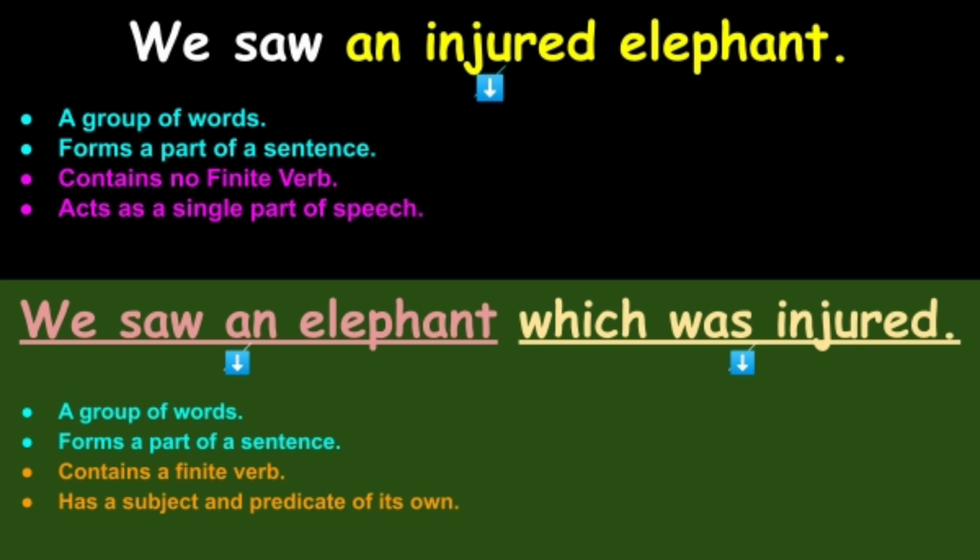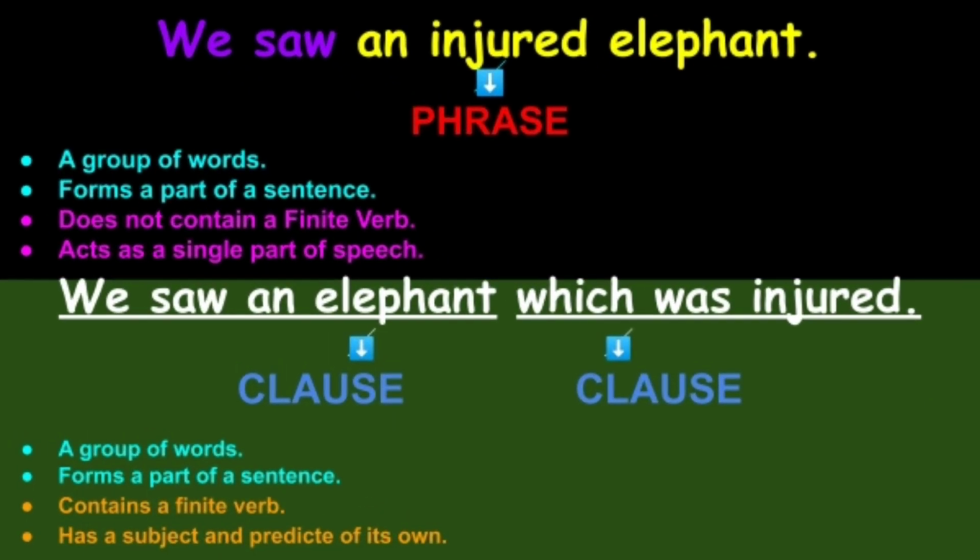In the second sentence, there are two parts. We saw an elephant and which was injured. Each part is a group of words. Each forms a part of a sentence. Each contains a finite verb and each has a subject and predicate of its own. So, we can conclude that in the second sentence, there are two clauses.